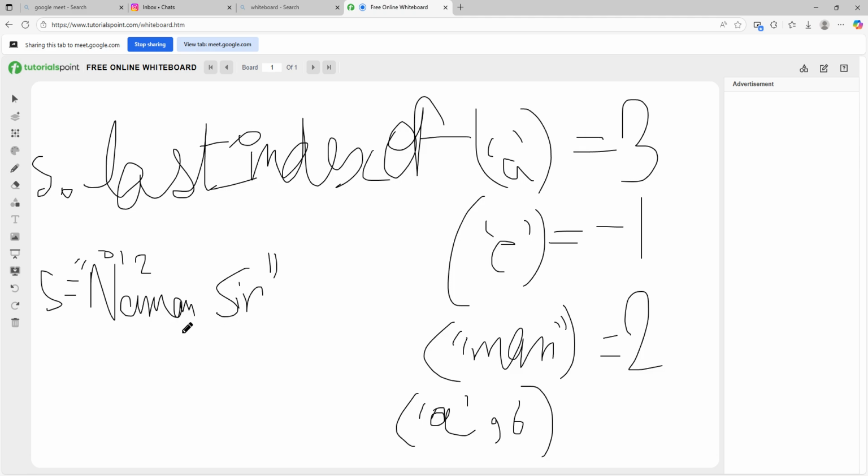So 1, 2, 3, 4, 5, 6. So it will start from M, then search for A, and it found it at index position 1. So this will be 1. Basically, index of and last index of are the same, just last index of starts from the back and index of starts from the front.